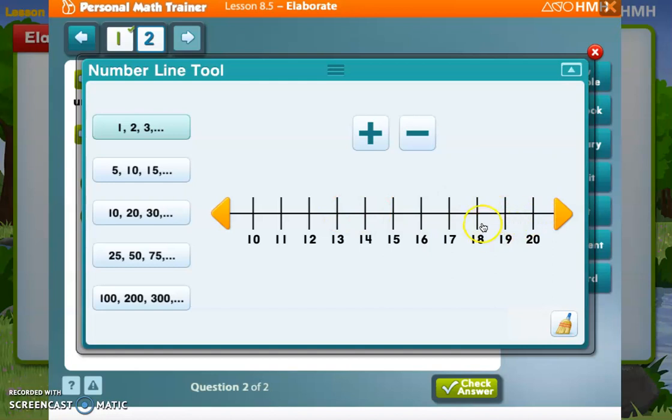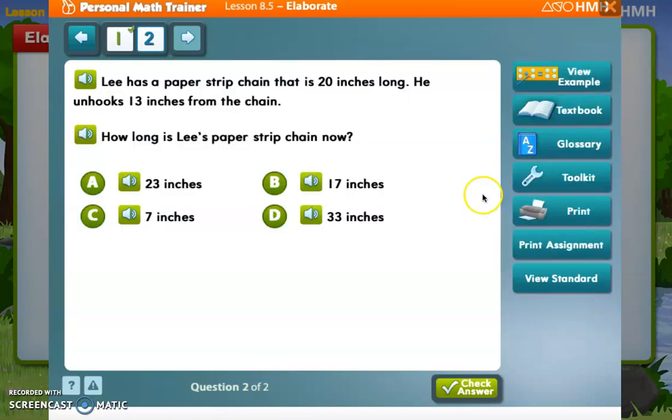So 1, 2, 3, 4, 5, 6, 7, 8, 9, 10, 11, 12, 13. So now there should be 7 inches left on that strip chain, right? So how long is Lee's paper strip chain now? We can say 7 inches.